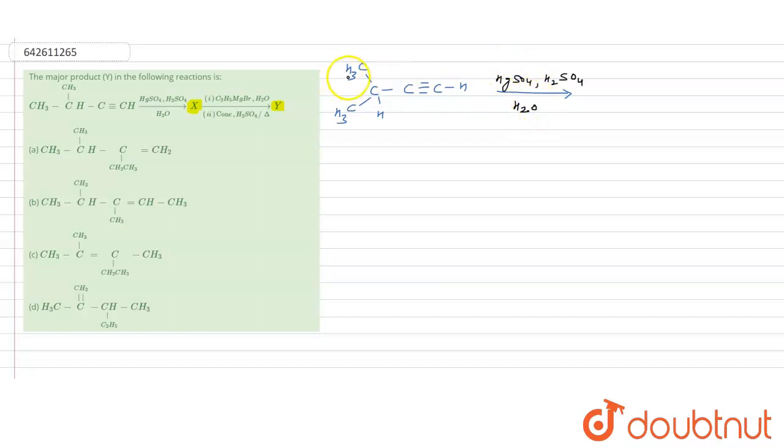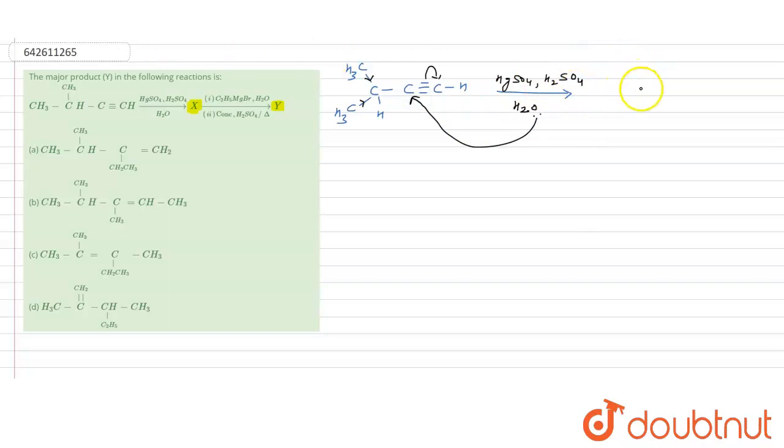There is a plus I effect of these two methyl groups, so due to this bond shift, there is an electrophilic character over here and a nucleophilic character over here. The lone pair of this oxygen will attack on this carbon, and the reaction proceeds like this.